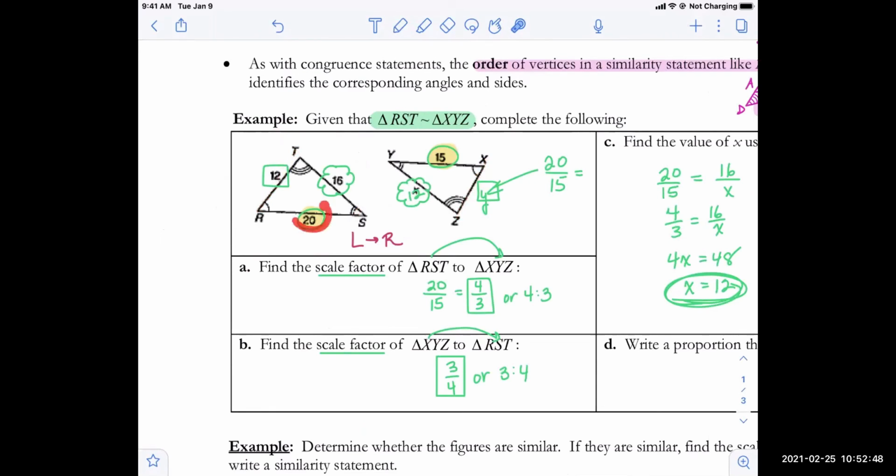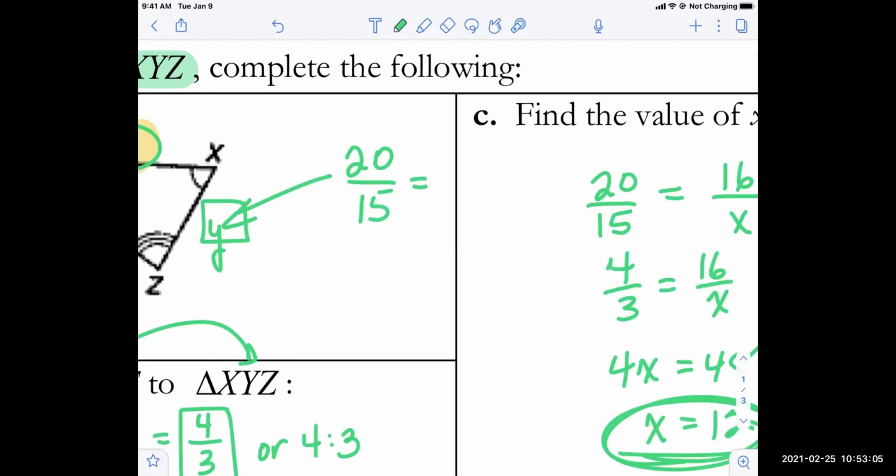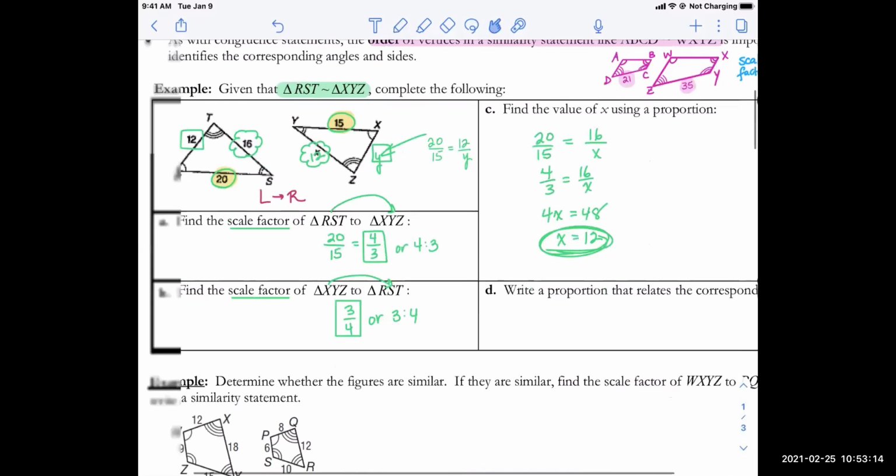So if I go 20 to 15, then is it 12 over y or y over 12? Which one corresponds to 20? This triangle has 20, right? So use that triangle on the numerator on the other side, and it'll be, no, it's still 12. The 12's on the top, though. 12 will be on the top, not on the bottom. Okay, and it didn't ask you to solve that, but you could then cross multiply and solve to find y.